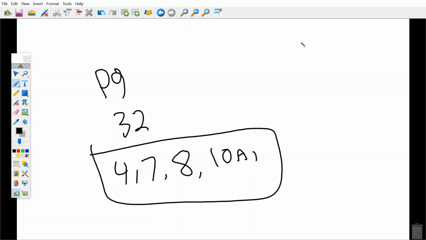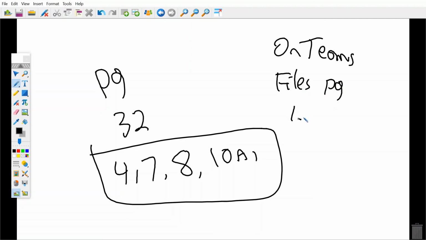There also will be on Teams, on the Files page, a 1.3 extra practice version 2, and that will give you some additional practice with surface area.